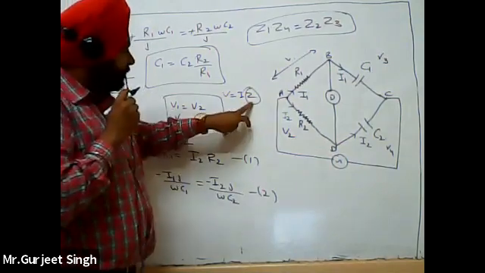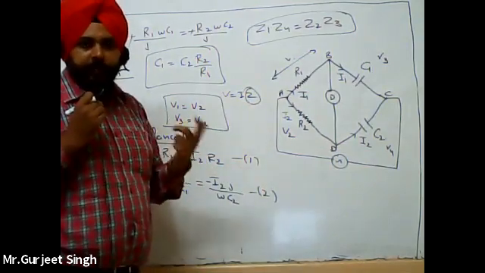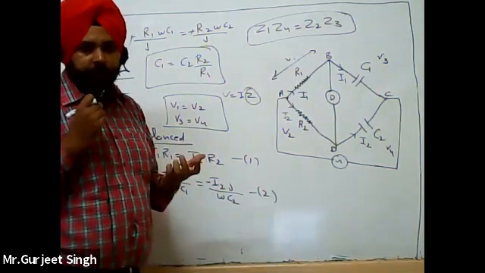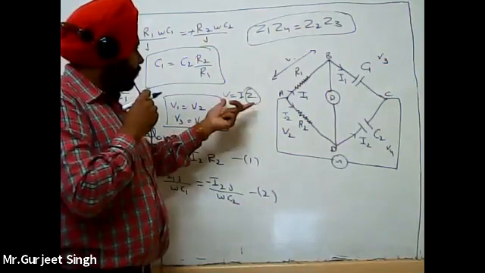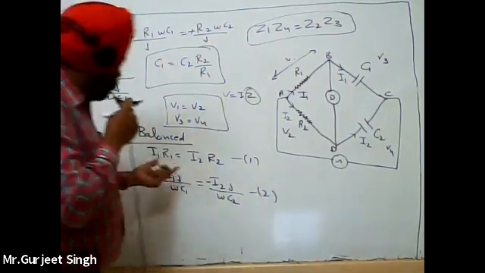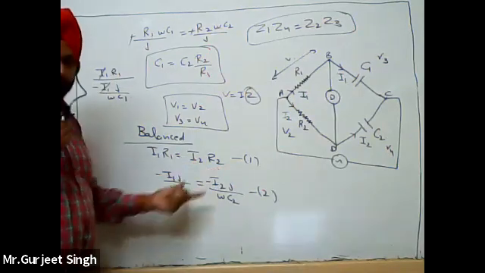Why have I taken the impedance? Because there may be a resistance, a capacitance, or a combination of resistance, capacitance or inductance. So V is equal to IZ. So we put here I1 R1 is equal to I2 R2.